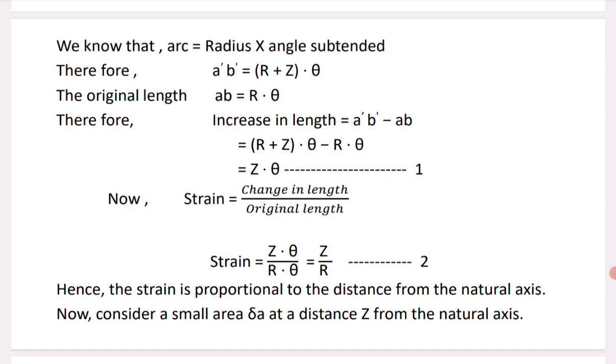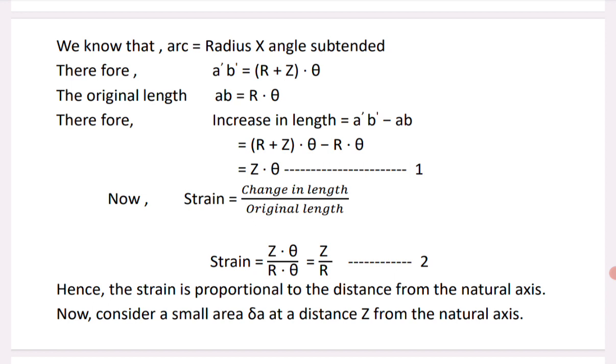Therefore, the arc length A dash B dash is equal to R plus Z, the radius of curvature for the layer at a distance Z from the neutral axis, times theta, the angle subtended. The original length AB, for the neutral axis, where R is the radius with respect to the neutral axis, is equal to R theta.